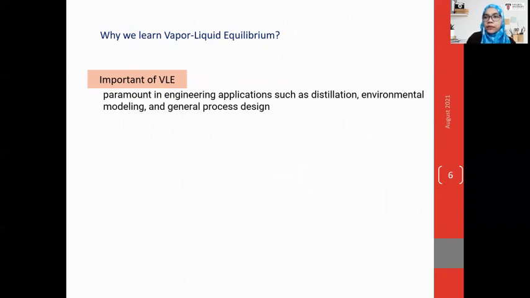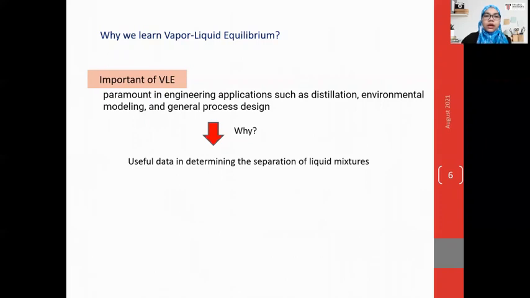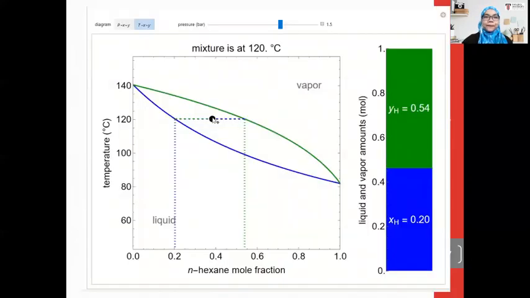That's why we need to learn VLE, because we tend to mimic the real situation. This is really useful data in determining the separation of liquid mixtures, and usually it can be applied in designing the distillation column.